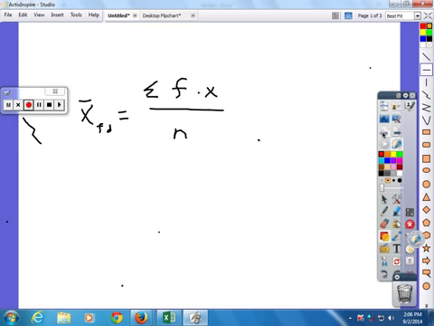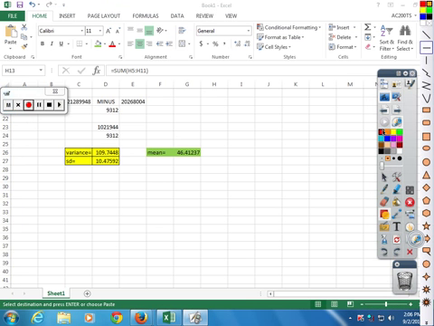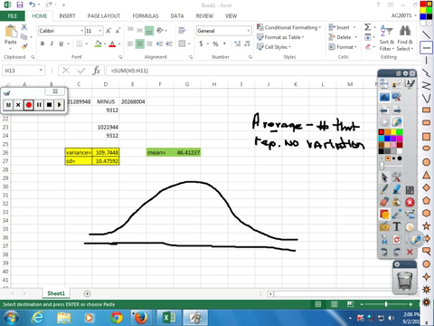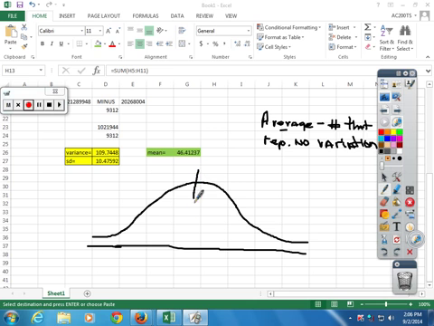Let's go back to your notes right here. And that average is what? 46. I'm just going to say 46 because I don't feel like adding a bunch of decimals. So there's 46, and 2 standard deviations to the right. What's my standard deviation? 10. Thank God. We're going to say 10 because it's easy.